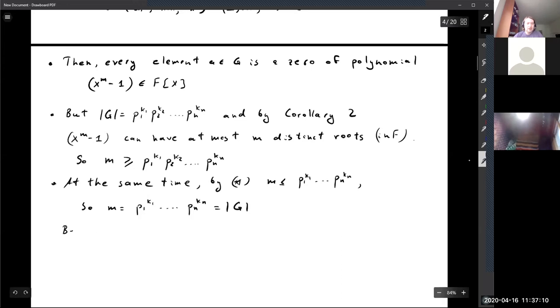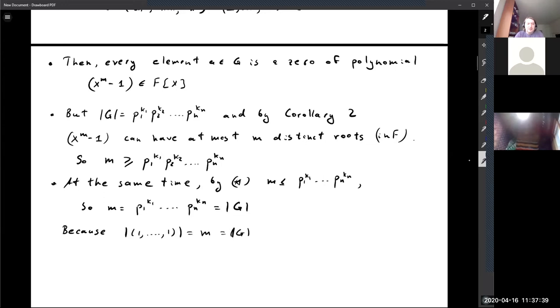So the order of an element, which just consists of ones, equal to m, equal to the order of G, so it must be a generator.